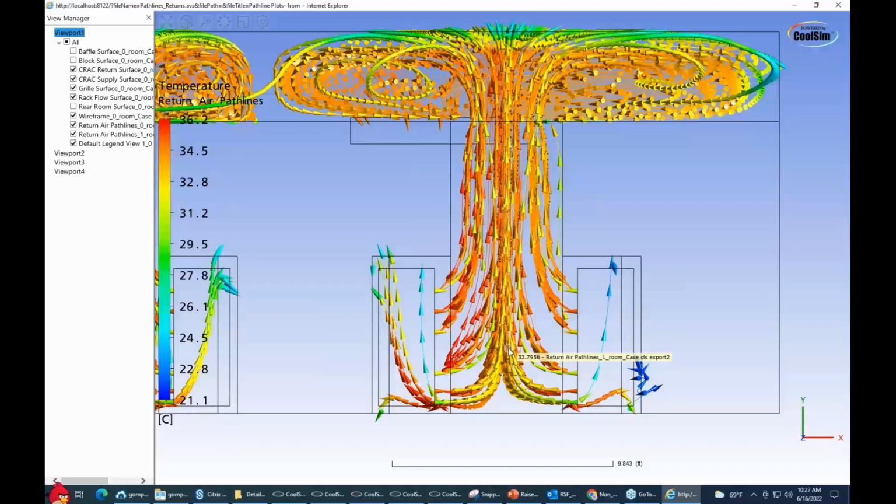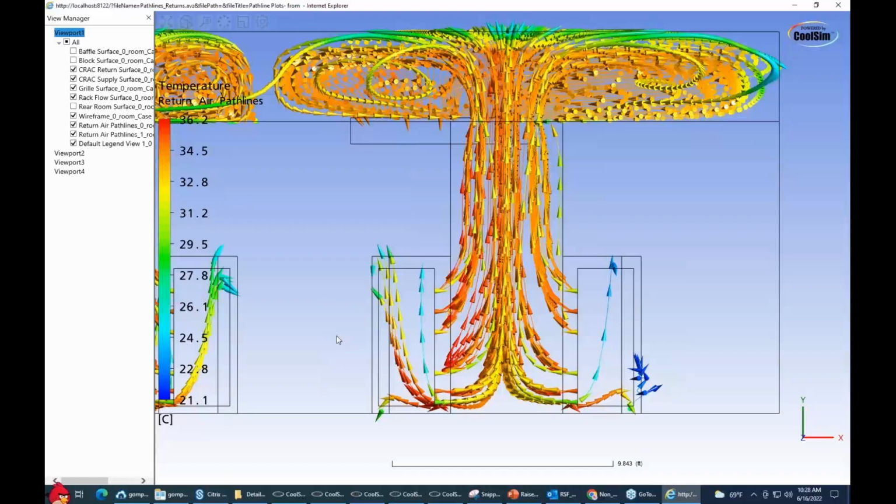So as these two servers have hot air coming out that's hitting one another, their direction is changing. And as their velocity slows down, the static pressure goes up, right? Because the static pressure plus the dynamic pressure is the total pressure. And that causes pressure in that hot aisle compared to the cold aisle in certain parts of that data center.